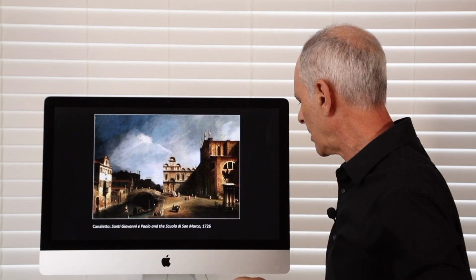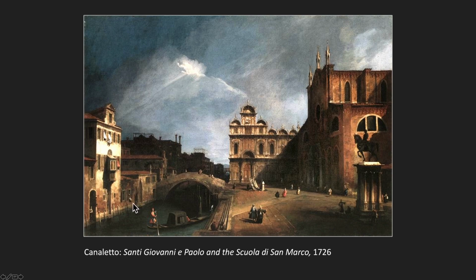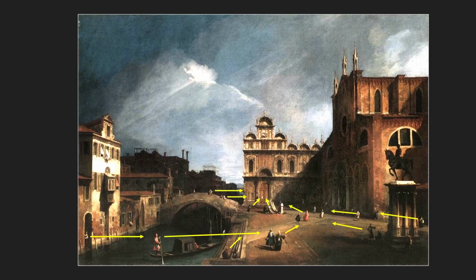When you look at Canaletto's paintings, you see these people in here, and I want to show you how precise he is in dealing with his people. There is a big axis that starts here, going to the gondolier, over to these two people, in this way.